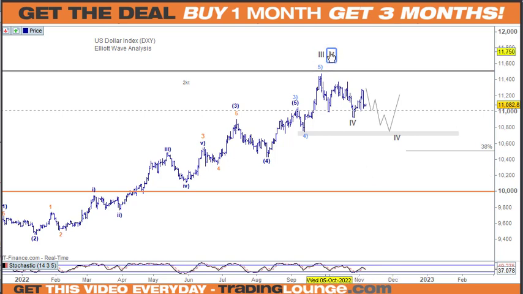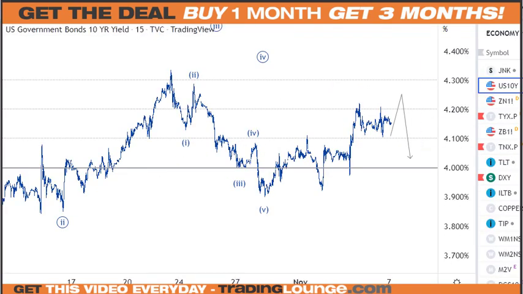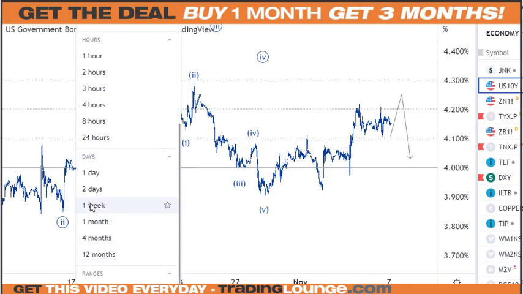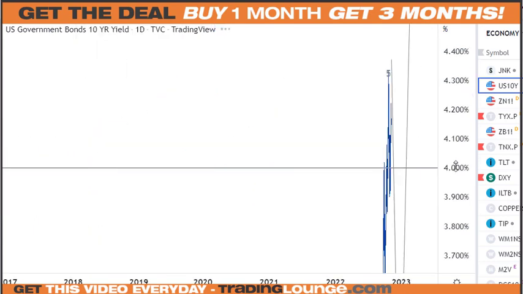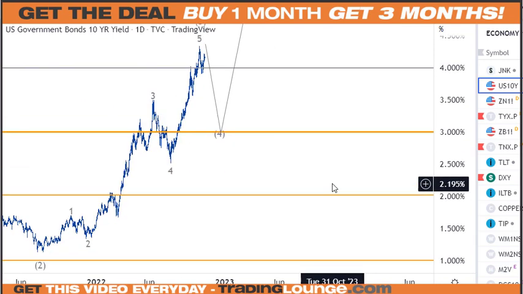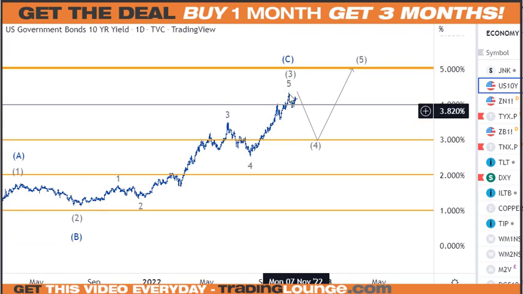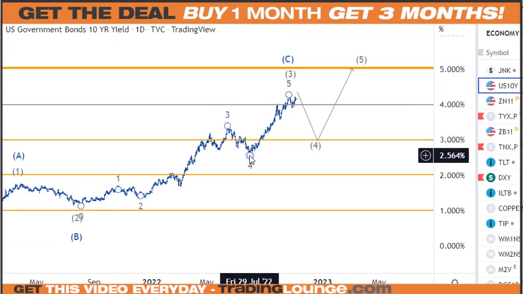even having a top in place. The other thing too, the yields, like we're just looking at, if I just go back to the daily chart here for a moment, to see if this is going to correct in terms of a wave 4, it may or may not come back to the wave 4 of one lesser degree.